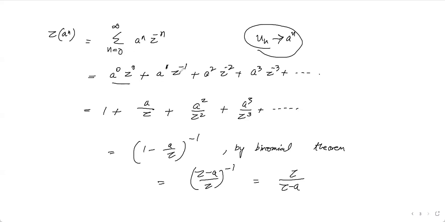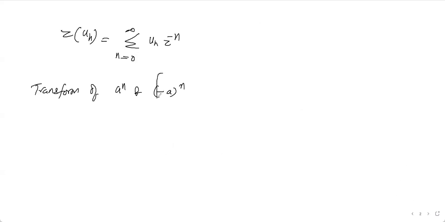Now, let us look at when we have minus a to the power of n. Let us change a to minus a here. So Z of minus a to the power of n would be z by z plus a.